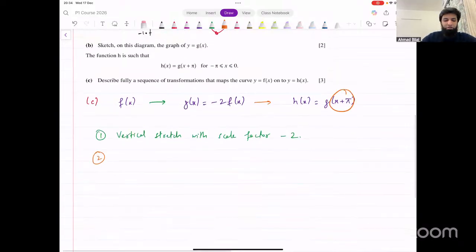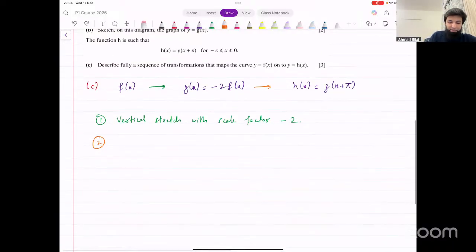Inside the function, you're doing plus pi. What does that mean? It's a horizontal translation. Plus means you're going left. In horizontal transformation, remember, when you do plus something, that means left.